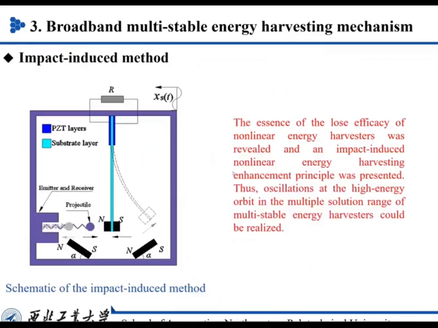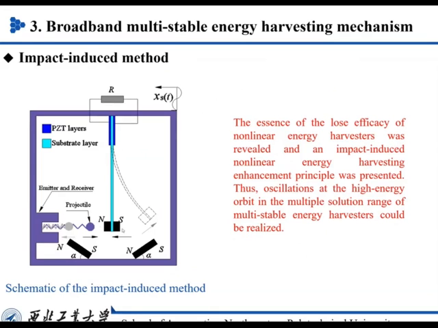Okay, so for the nonlinear energy harvester, we know it has different orbits. How to make the harvester oscillate at the high energy orbit in the multiple solution range is a question. So we designed the impact-induced method.